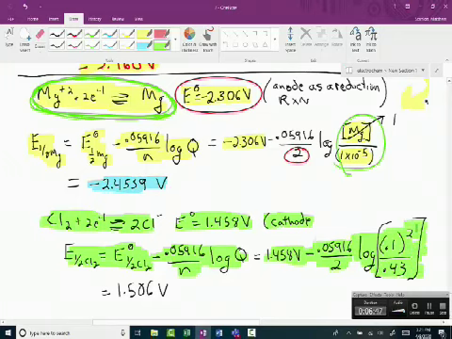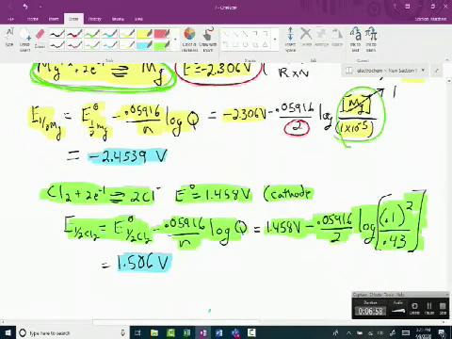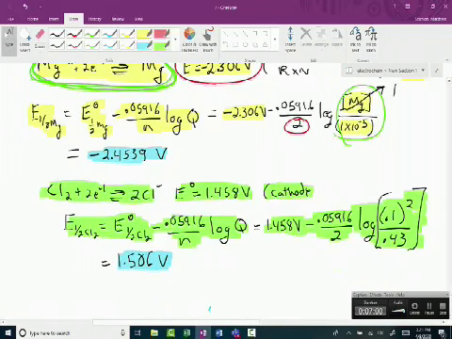That's what you should have written down. Your answer, if you were careful, is 1.506 volts.